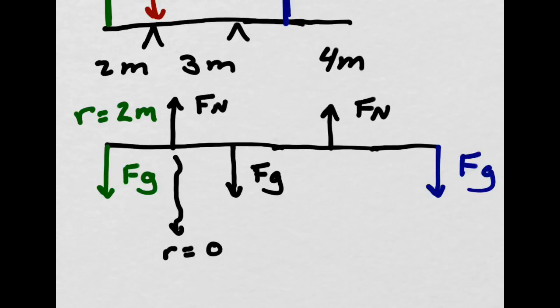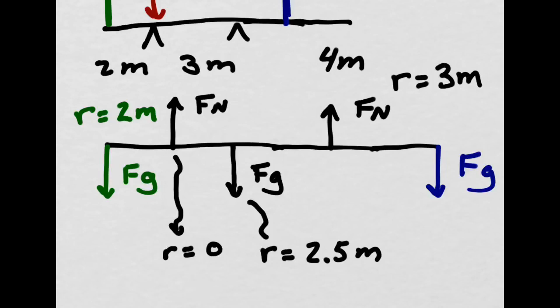The distance to the gravitational force of the beam, the center of the beam, is 4.5 minus 2. So R is equal to 2.5 meters. Then this normal force has an R of 3 meters. And then this guy has an R, let's use blue, and that is our unknown.